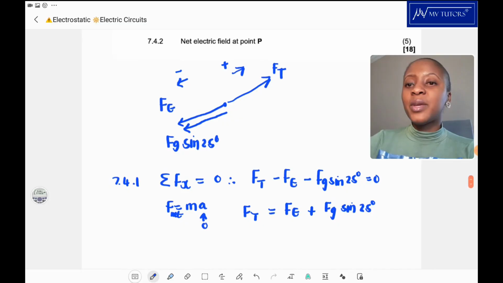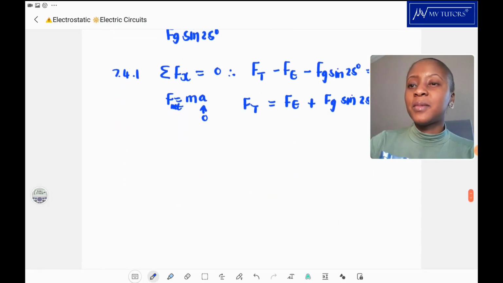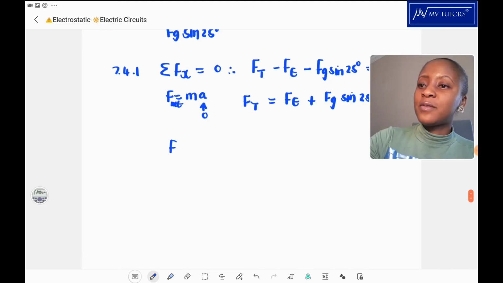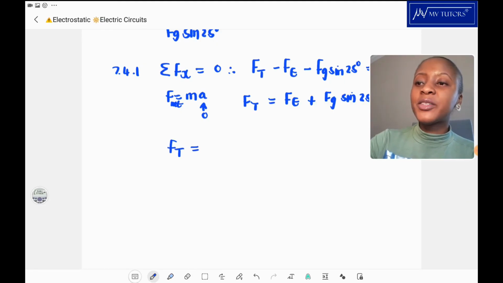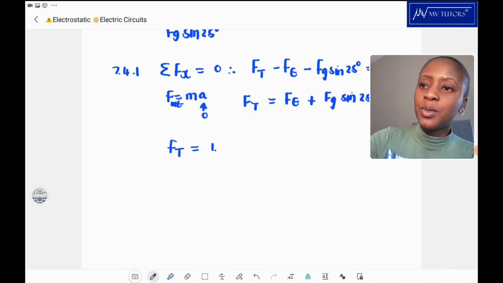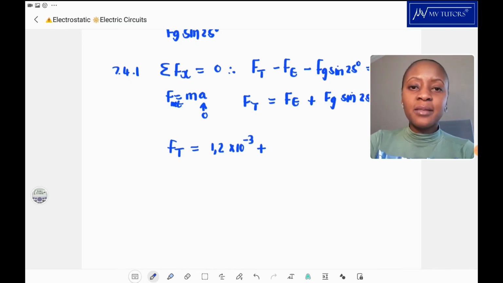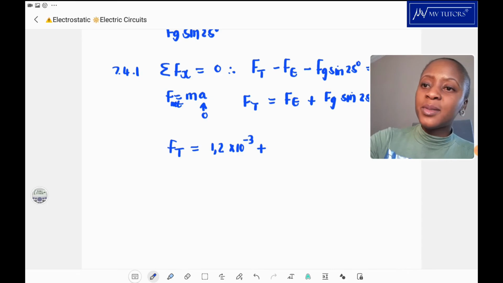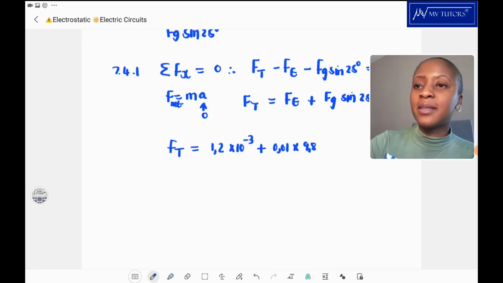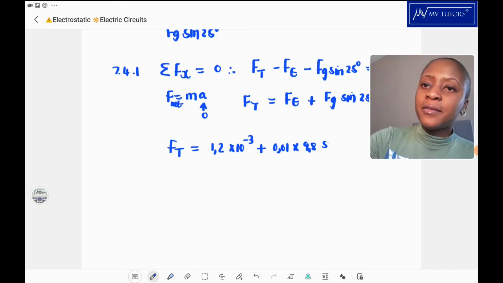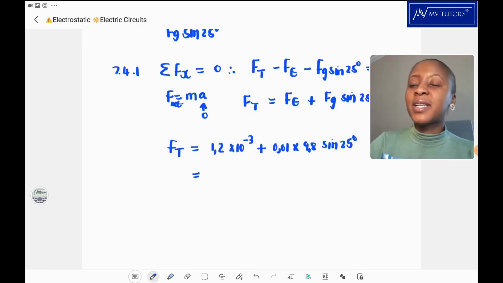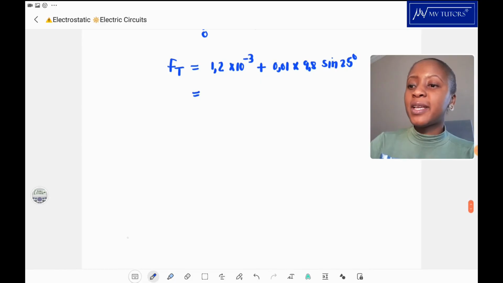Now we can write down values. The electrostatic force was 1,2 times 10 to the power minus 3. And then the gravitational force, that is m times g. So m, they told us it's 0,01 kg, and g is just 9,8. And then we have sine 25. So then we can calculate what our tension force is.